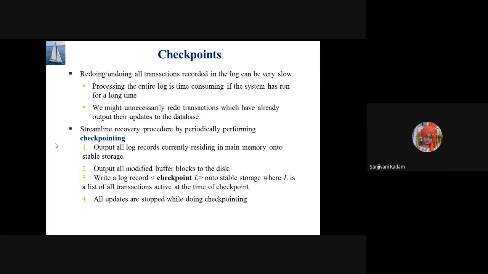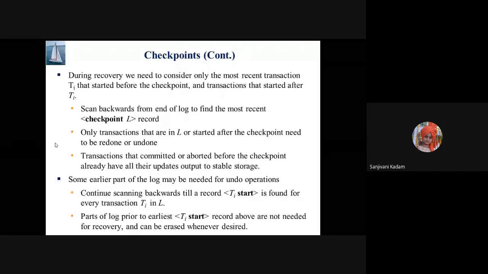During recovery, we need to consider only the most recent transaction Ti that started before the checkpoint and the transactions that started after Ti. Scan backwards from the end of the log to find the most recent checkpoint L record.